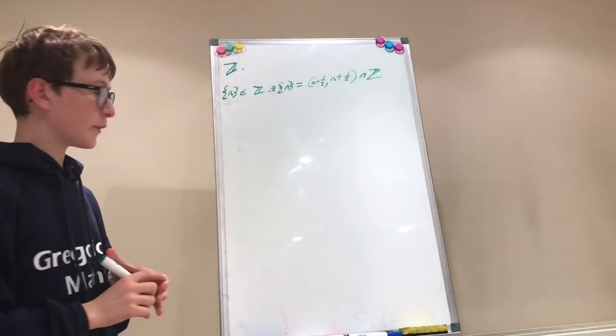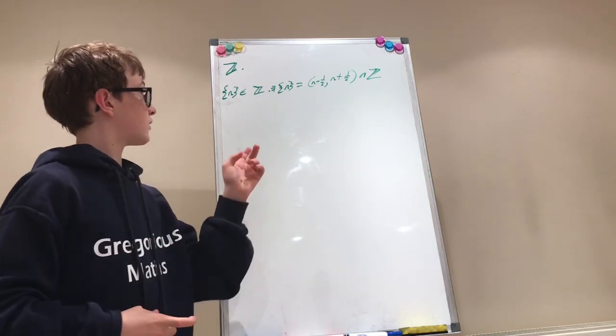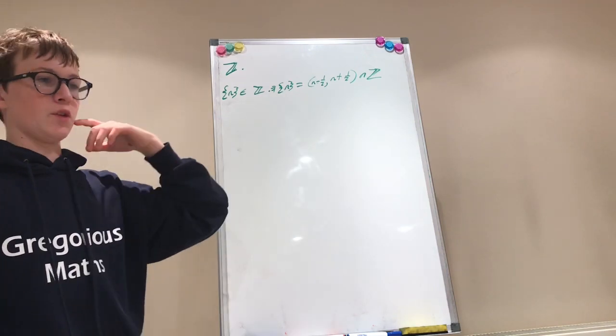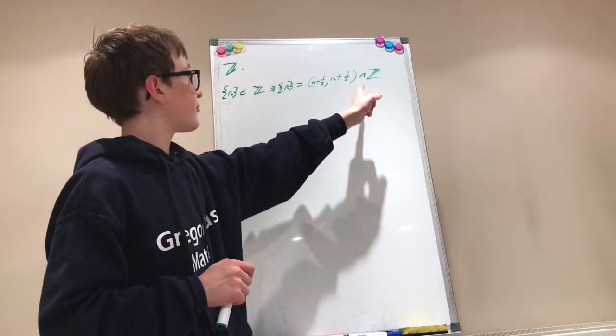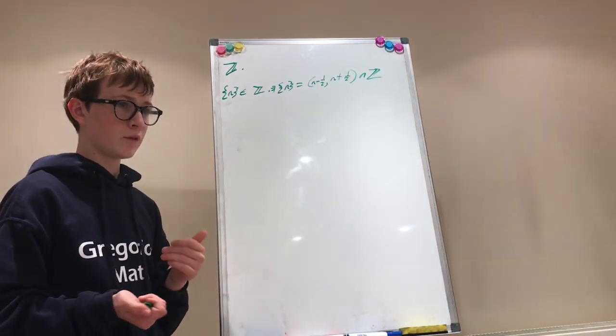And now we're seeing from the definition that the integers is a subspace of the real numbers, and every single n in the integers is open.